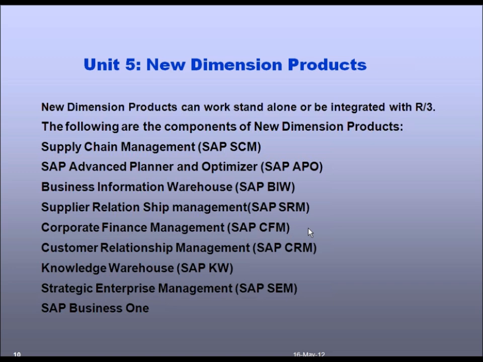To start with, supply chain management, SAP's APO, Advanced Planner and Optimizer, of course, which is part of SCM, and also Business Information Warehouse, or simply BW, Business Warehouse, Supplier Relationship Management, Corporate Finance Management, Customer Relationship Management, Knowledge Warehouse, Strategic Enterprise Management, Business One, something called FSCM, Financial Supply Chain Management, Treasury Management, Transportation Management. All these things are new dimensional products.